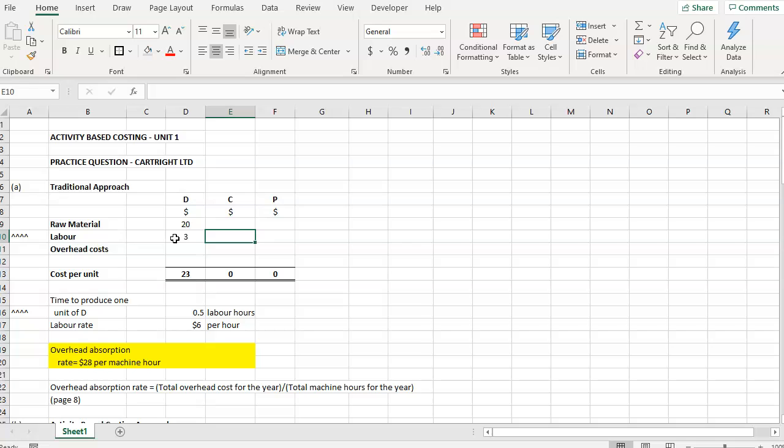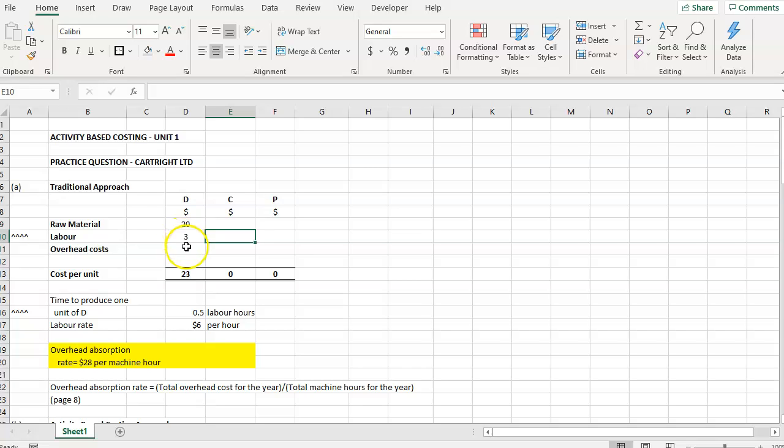So what we need to do is to ask ourselves, how much time does 1 unit of D spend on the machine? And when we look at the table, it says 1.5 hours.